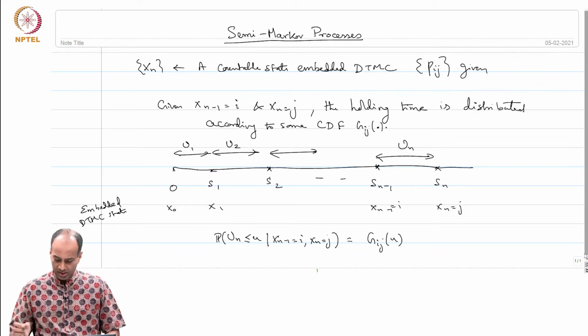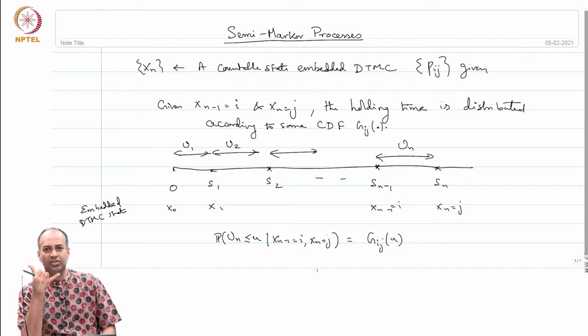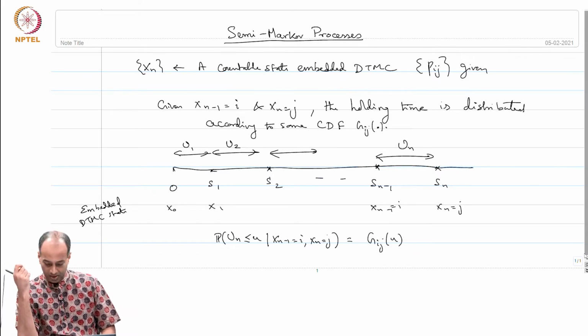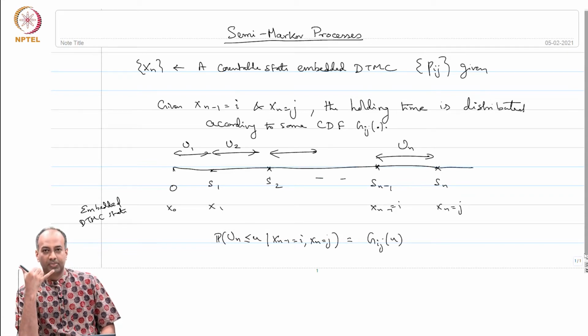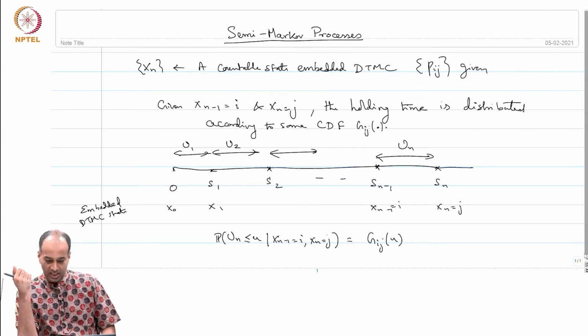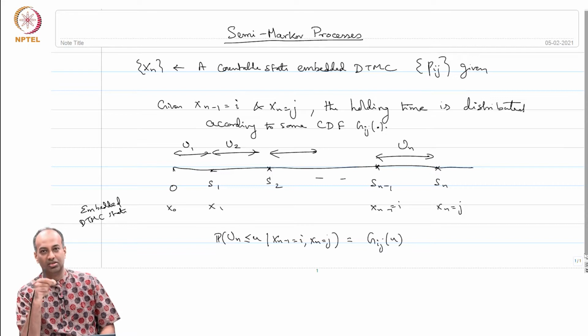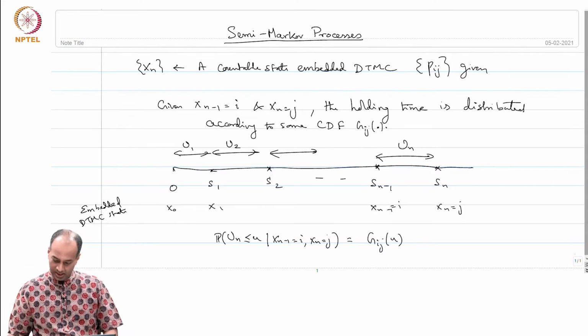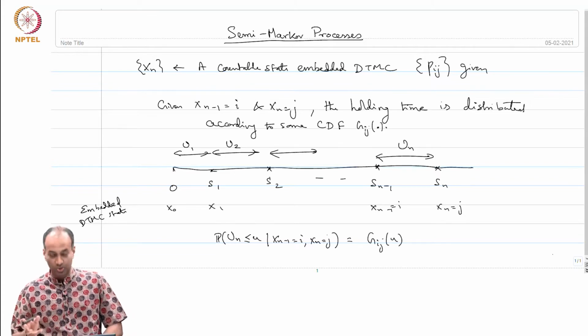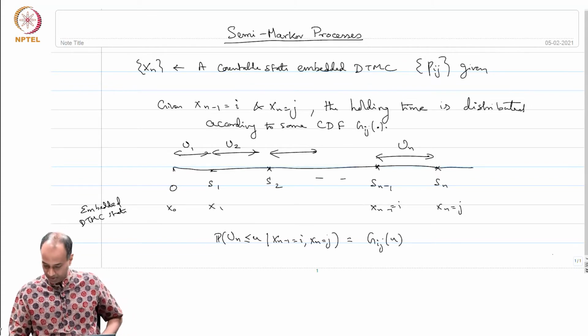Notice that we are allowing the holding time to not just depend on which state you are in, it could also depend on which state you are going to, all right. Of course, the case where the holding time does not depend on j is a special case of this, and in the CTMC case the holding time depended only on the state that you are in, not which state you are going to, right. But in a semi-Markov process there is no problem in allowing this. Okay.